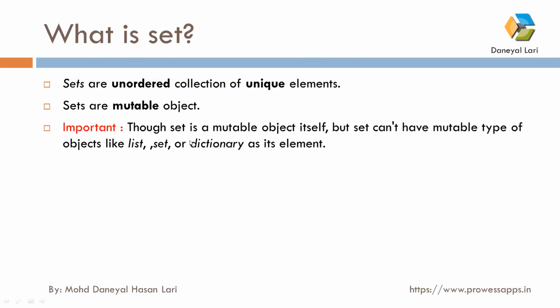A set can have any number of elements and any type of elements, but this one restriction applies: a set cannot have mutable objects as elements. If you remember these 3 points, then you will not get any error.